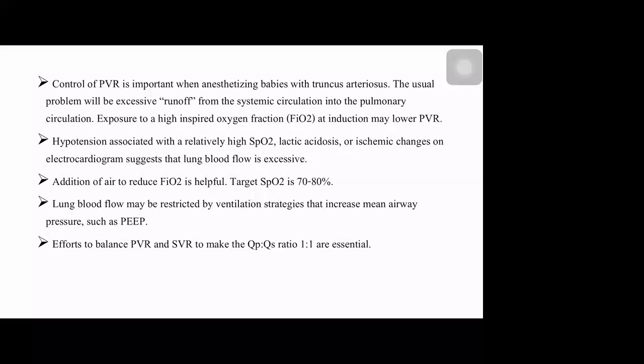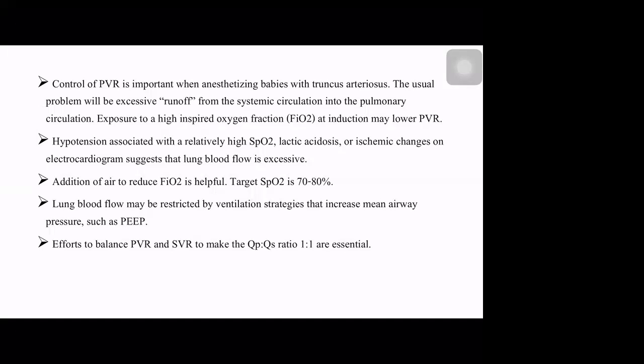So hypotension associated with a relatively high SpO2, with lactic acidosis or ischemic changes on ECG because of lack of systemic blood flow, suggests that the lung is flooded with excessive blood flow and heart failure is developing during the induction.